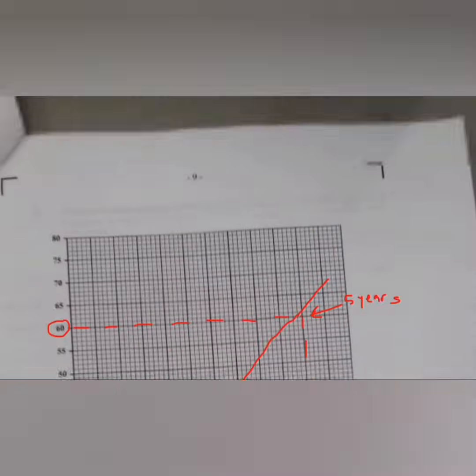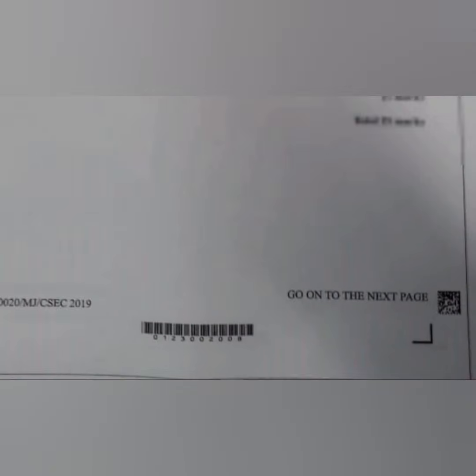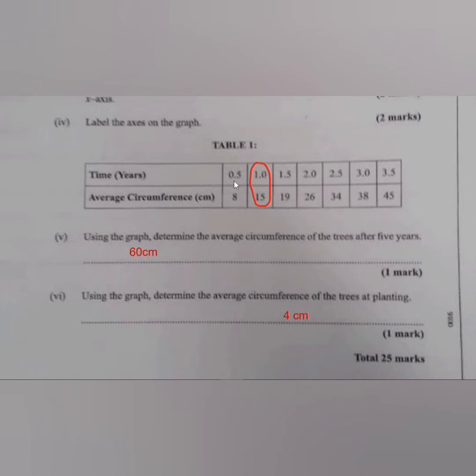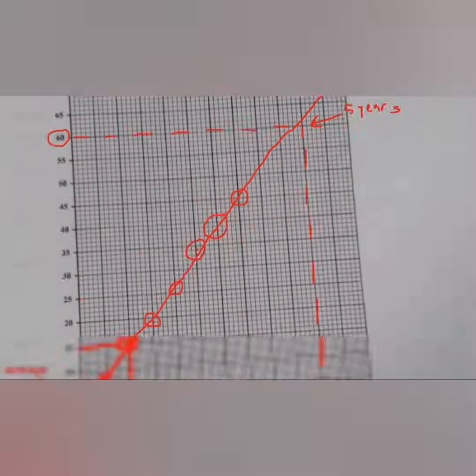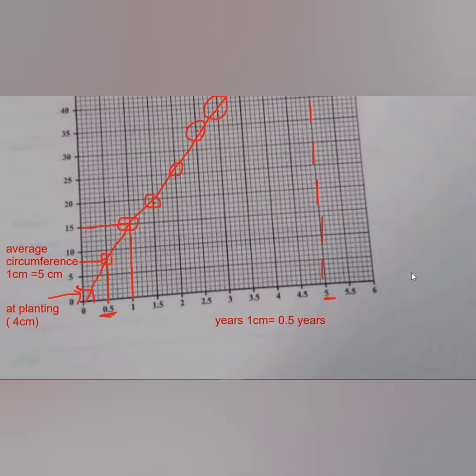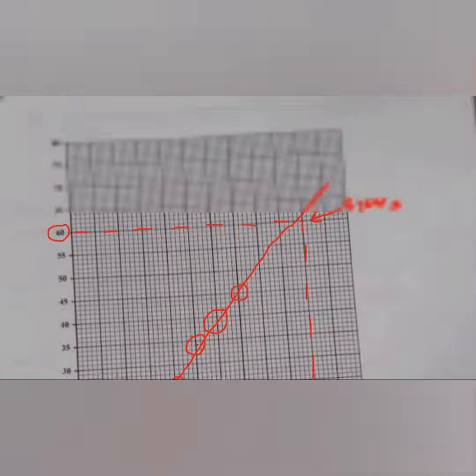So just use the data in your table to give you an idea of which pieces of data would be represented where. For years, you see that they have 0.5, 1.0, 1.5, 2.0, 2.5, 3.0, and 3.5. So obviously they would go on the x-axis here at the bottom, and you will be able to figure this out once you read your table.